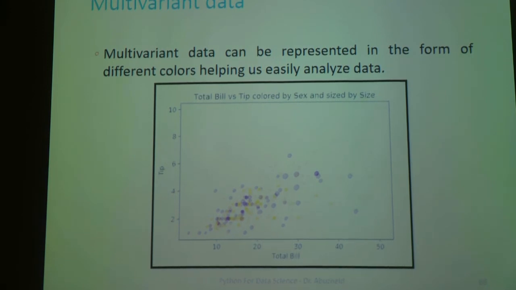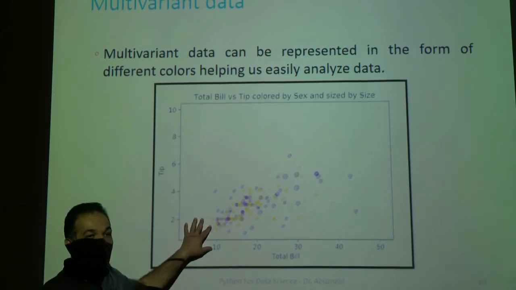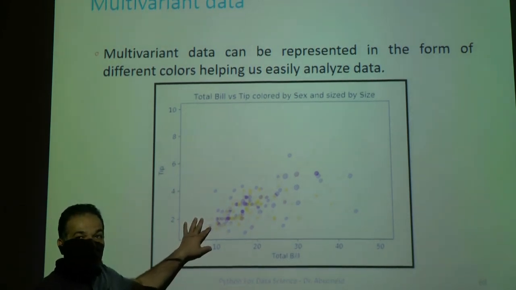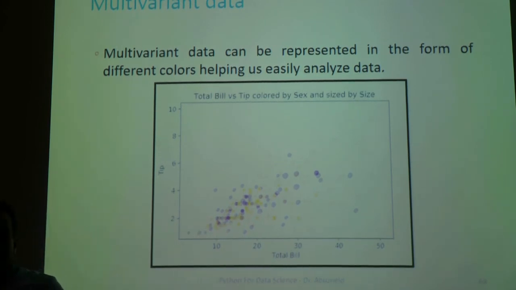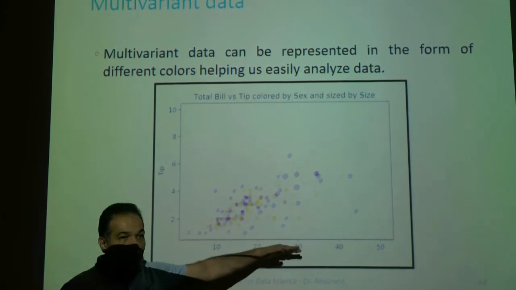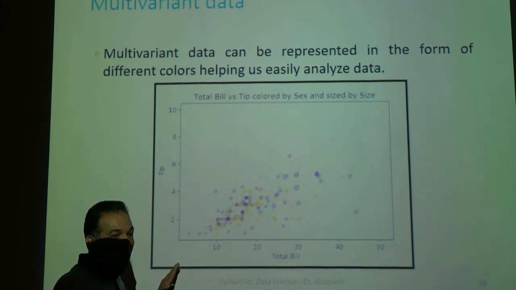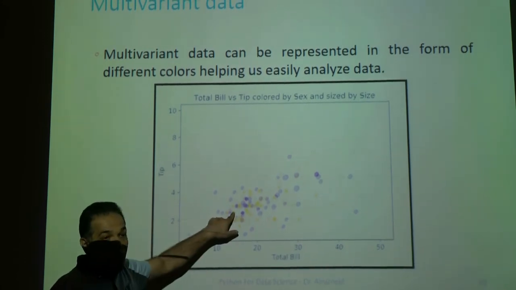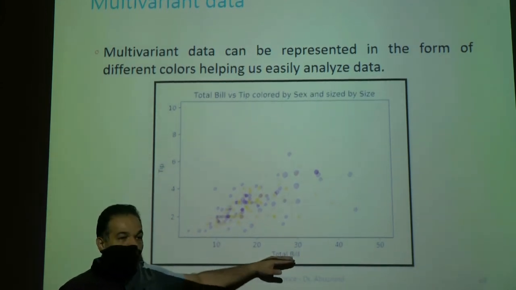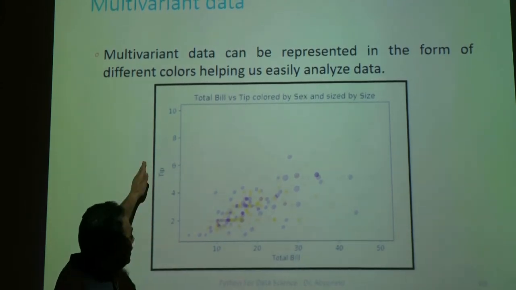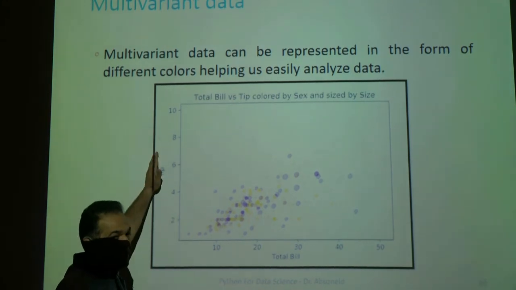Okay. You could have multivariate. So for example, here multivariate, and here how many variables do I have in this one? I have x, and I have y, and they have the colors. Alright? So what is the x? The x is the total bill. What is the y? The y is the tip.